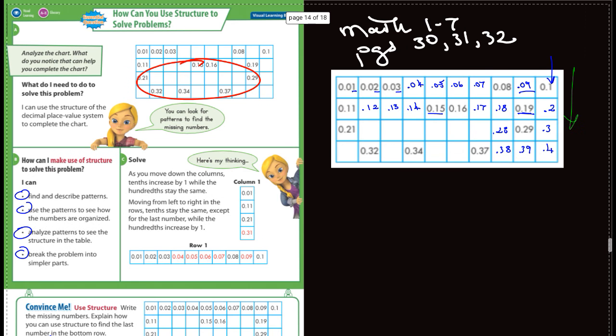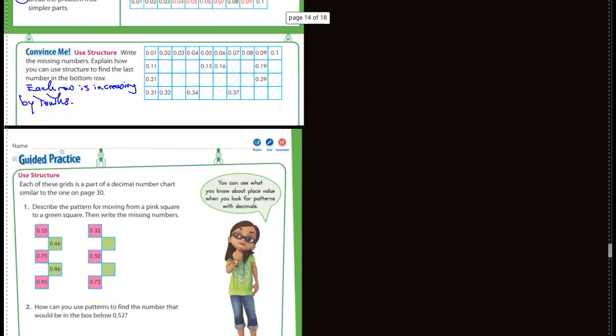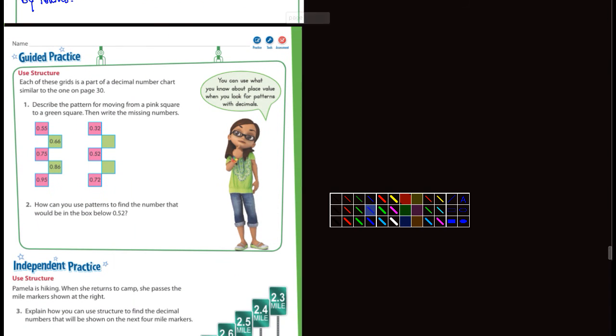Let's look at the next page, guided practice. It says each of these grids is part of a decimal number chart similar to the one on page 30. Describe the pattern from moving from a pink square to a green square. Here's what I want you guys to understand, and I'm going to go ahead and try to draw something here that'll help you.